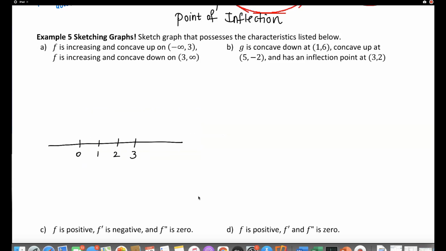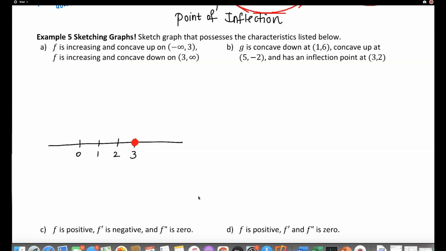Somewhere on, and they didn't really say the y value of 3. So how about I just plot a point at 3? Okay, this is where the concavity changes. You see that, right? This is where the concavity changes. So I'll say this is my point of inflection, okay? This is my point of inflection.